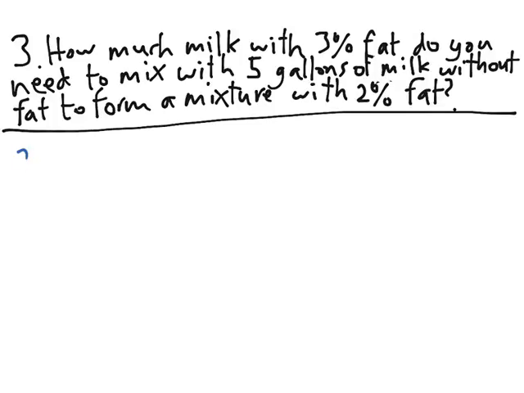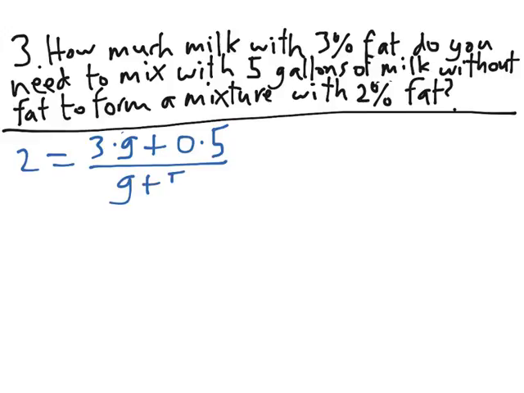So we write 2 is equal to 3 times G plus 0 times 5 divided by G plus 5.